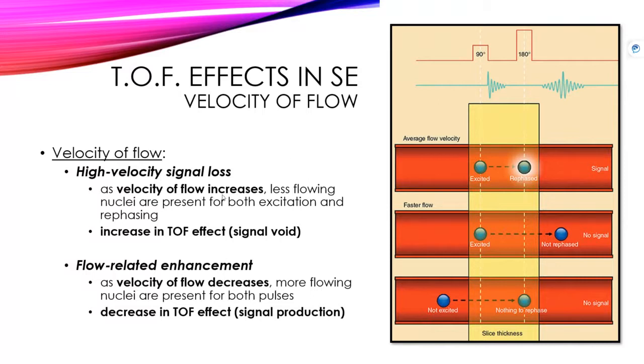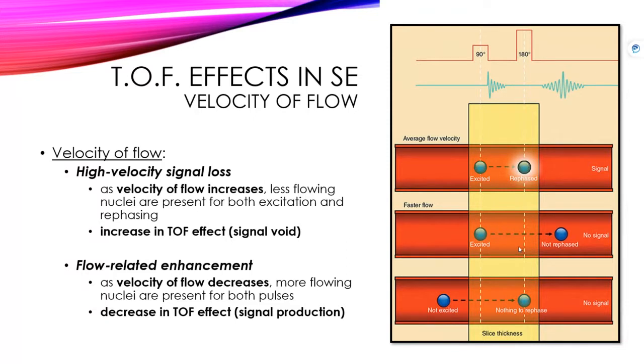As the velocity of flow increases, less flowing nuclei are present for both excitation and rephasing. So notice here, the faster the flow, the more likely that they'll either be in for one and not the other, whether it's excitation or rephasing, but they're not going to be present in the slice for that particular nuclei.